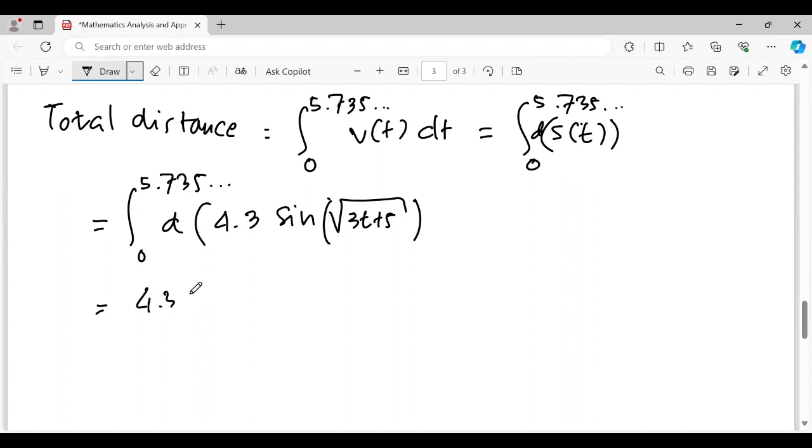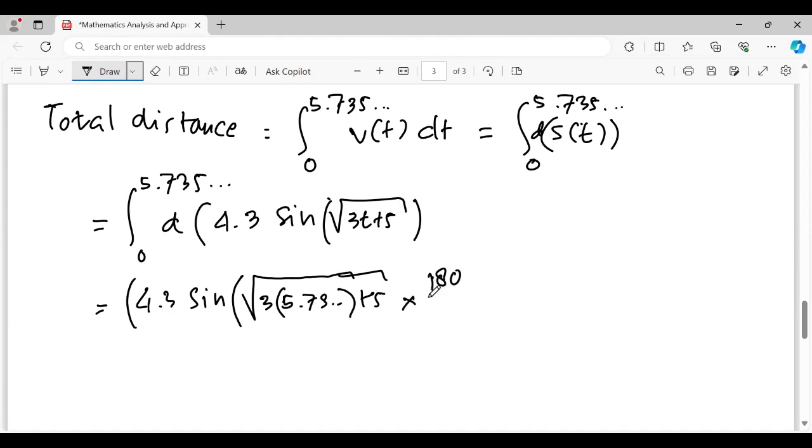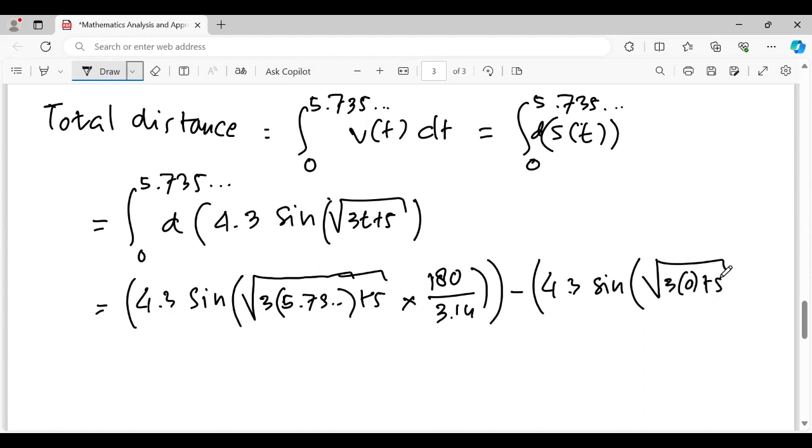That will be 4.3 sine square root of 3 times this number, 5.73 and so on, plus 5, times, convert to degrees from radian, minus 4.3 sine square root of 3 times 0 plus 5, because this is 0, times 180 over 3.14.